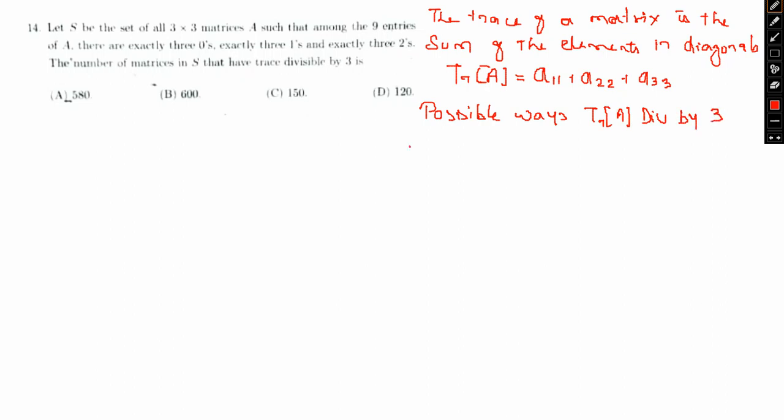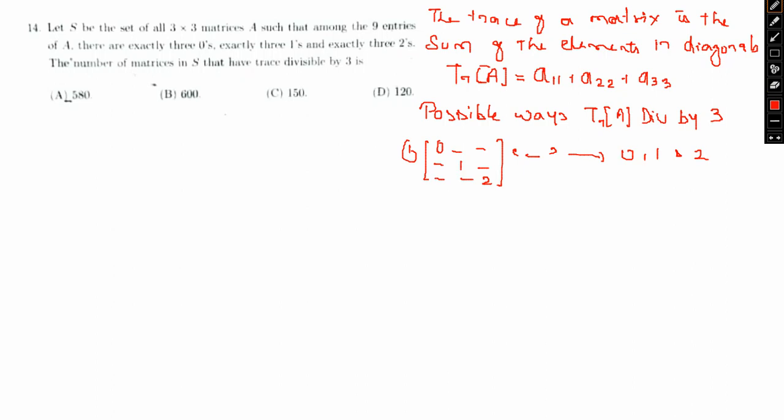Suppose we have the matrix in this form: 0, 1, 2 on the diagonal, and the blank spaces are to be filled by 0, 1 and 2.